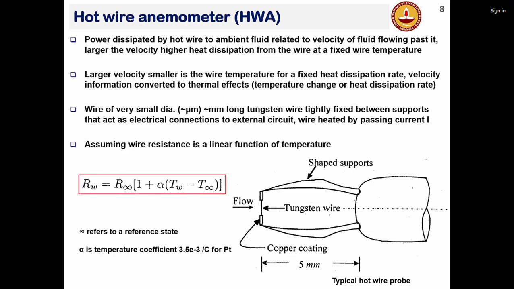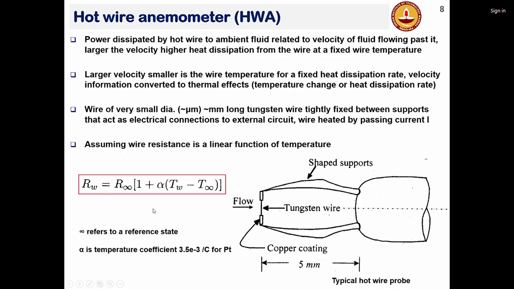But this principle is applicable both when the wire is hotter or the ambient is hotter. You can see here, when T_w is less than T infinity, this term becomes negative, so the resistance of the wire becomes smaller than the resistance of the wire at the native condition.